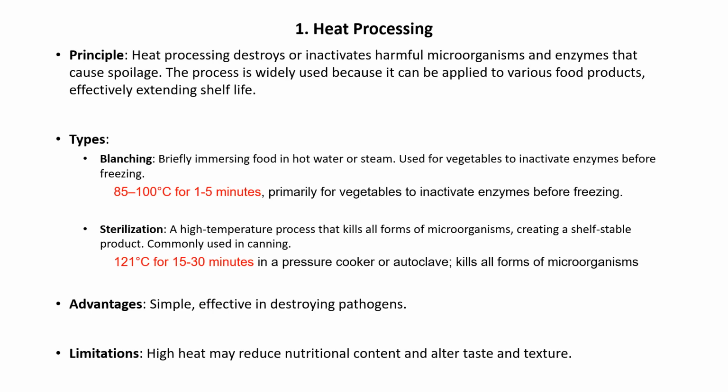Let's discuss some of the methods for food preservation. Number one is heat preservation. The principle for heat preservation is that heat destroys or inactivates harmful microorganisms and enzymes that cause spoilage. So here we are using heat as a measure to remove or inactivate the microorganisms and enzymes present in the food.